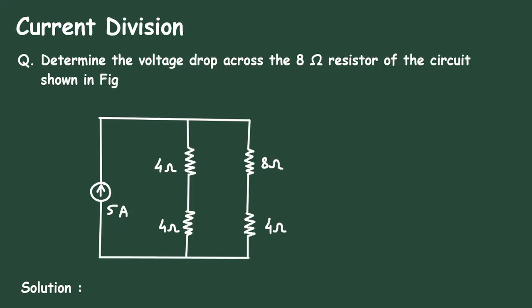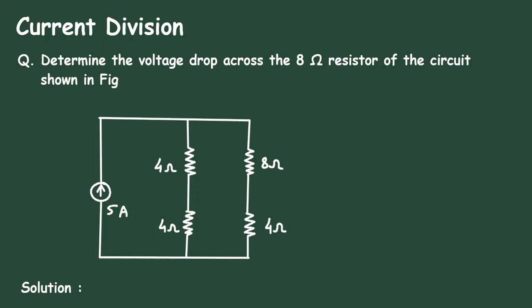So total resistance R will be R is equal to 10 divided by 2.55. So it is 3.921, or we can write 200 by 51.